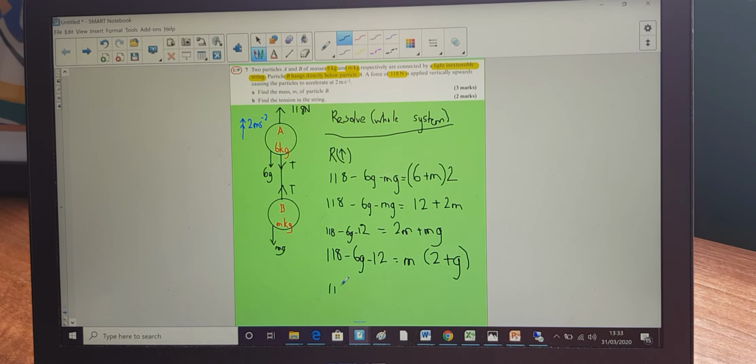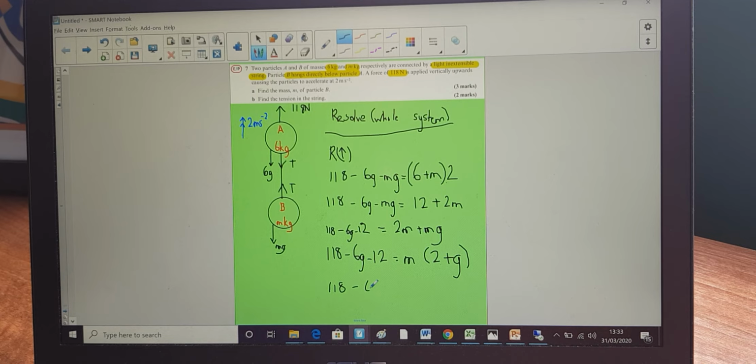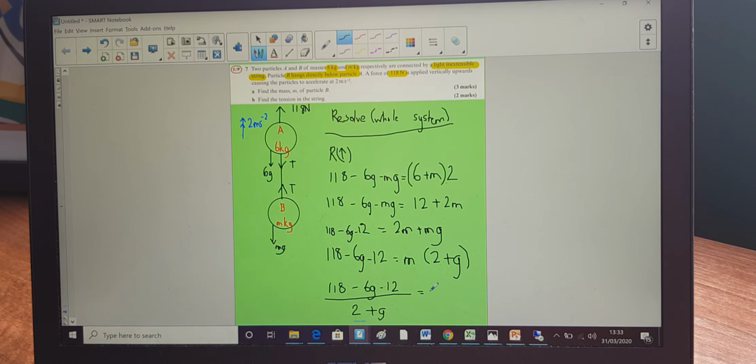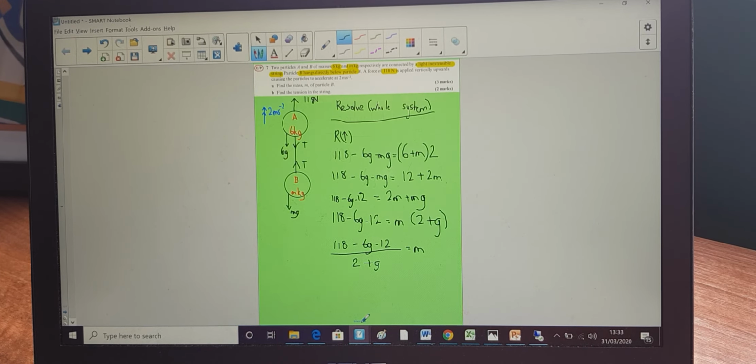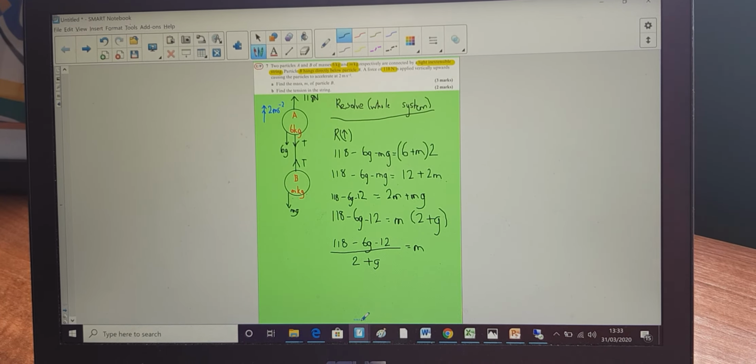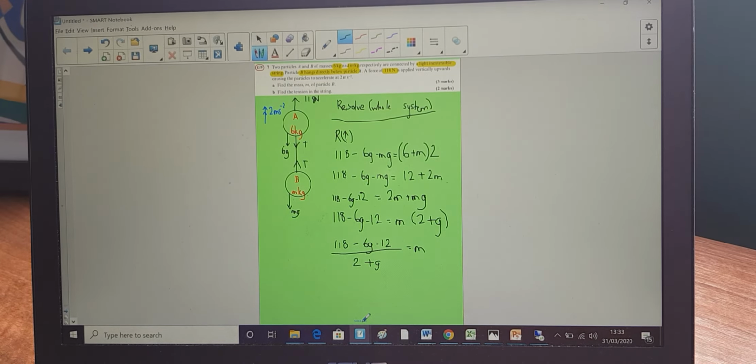I'm going to have 118 minus 6g minus 12, all over 2 plus g, is equal to the mass. If we take g as 9.8, which we should be doing, the answer should have been 4. So the mass equals 4 kilograms.